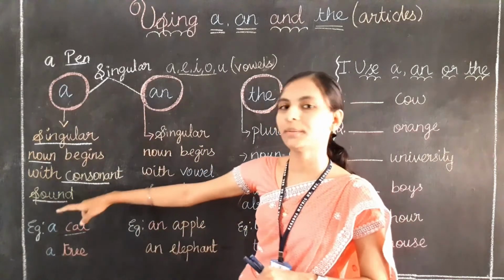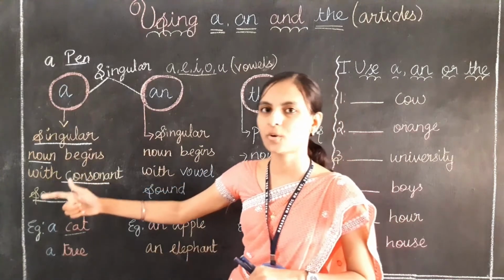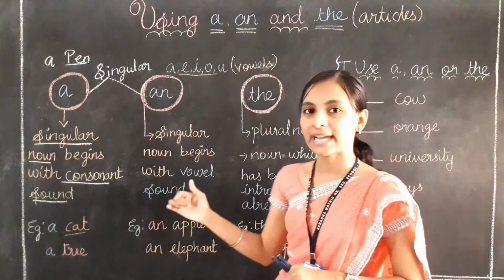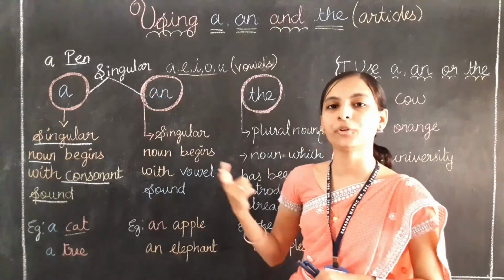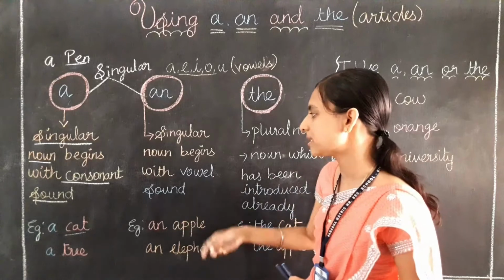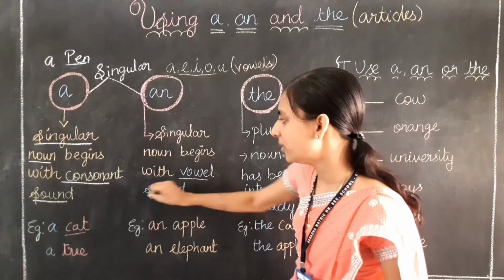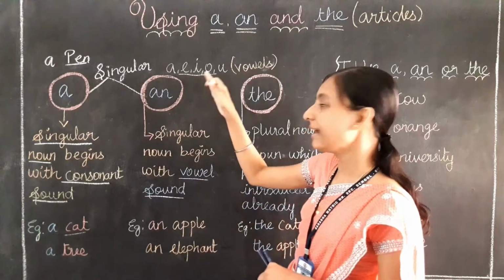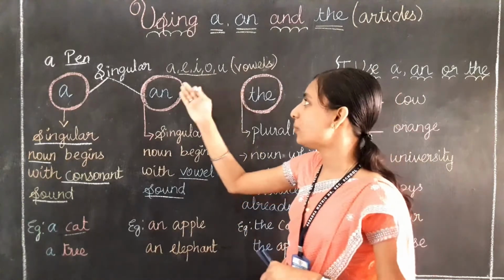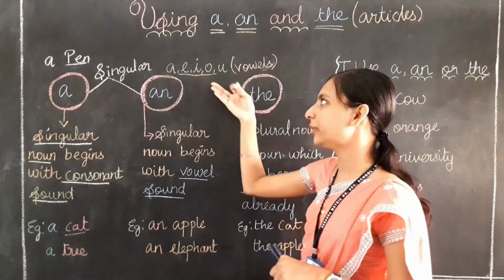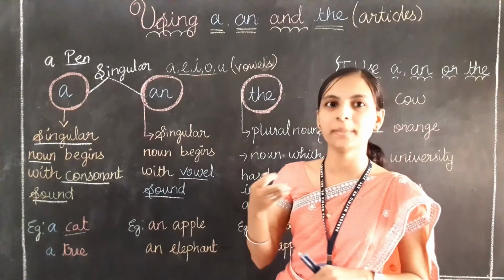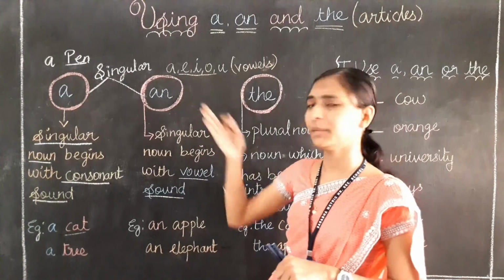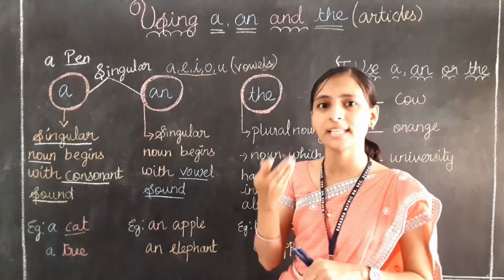And article a can be used before the consonant sound. So article an can be used only before the nouns which have a vowel sound. So what are vowels? A, E, I, O, U. Here, what are its sounds? I can give you those sounds. For A it will be a, for E it will be a, we can say the A sound.